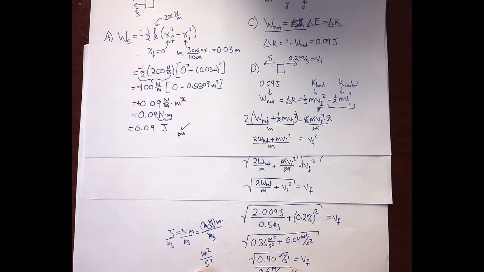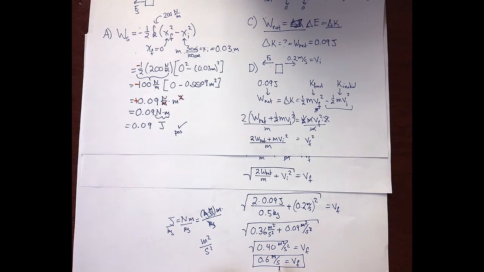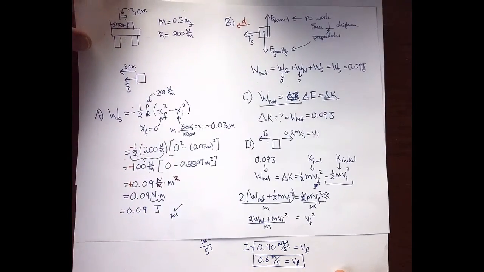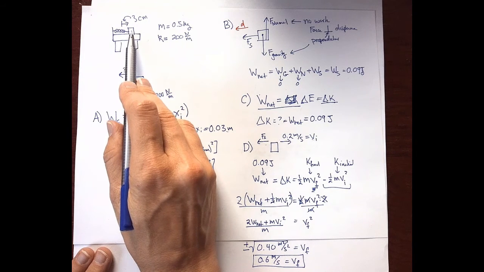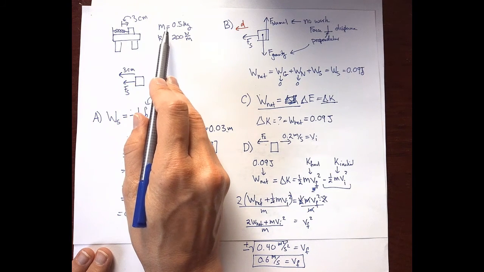So here our final velocity is this, except I misspoke. And I also wrote off the end of the page. It's not the final velocity. This is the final speed, because when you take the square root, of course, it could be the positive or the negative sign. We don't know which it is, but when we look back at the problem, we can tell. We pulled this block away from its equilibrium position, and then we gave it a speed going that way.